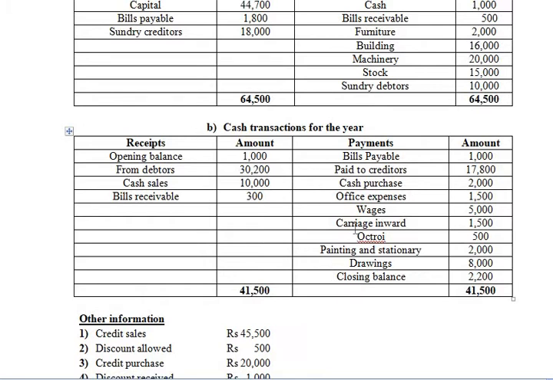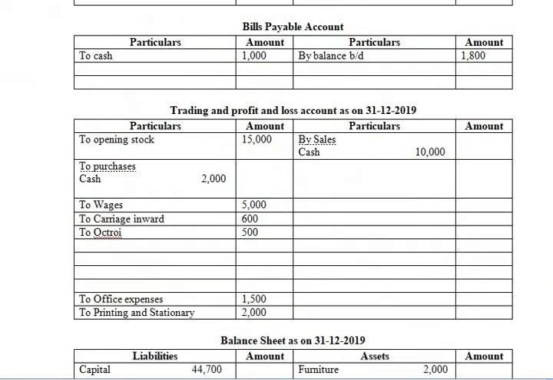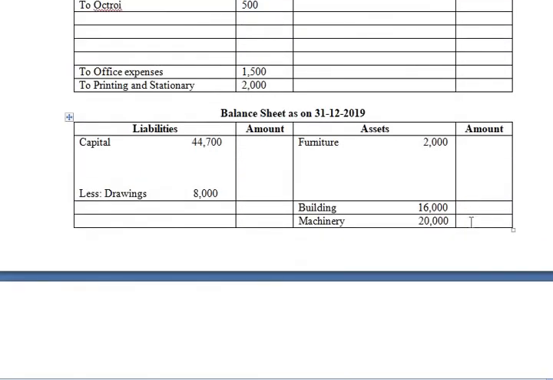Next, closing cash. Okay, closing balance of cash. This is nothing but 2200. This is nothing but the closing balance of cash, which goes directly to the balance sheet. So let's take it to the balance sheet here.